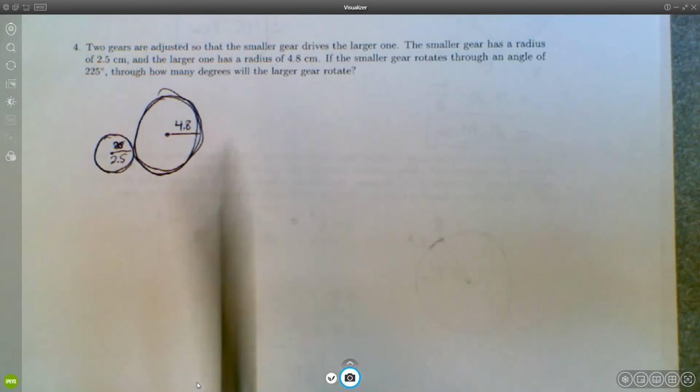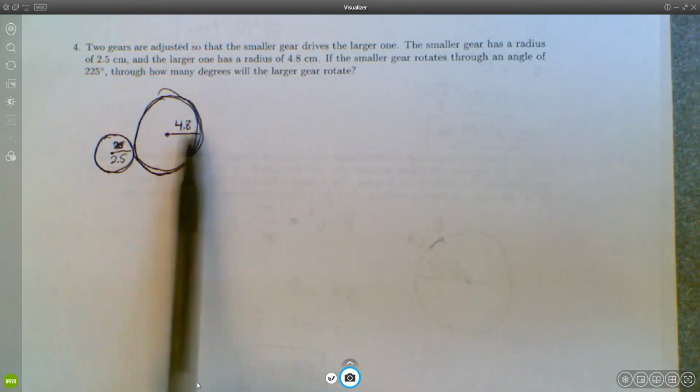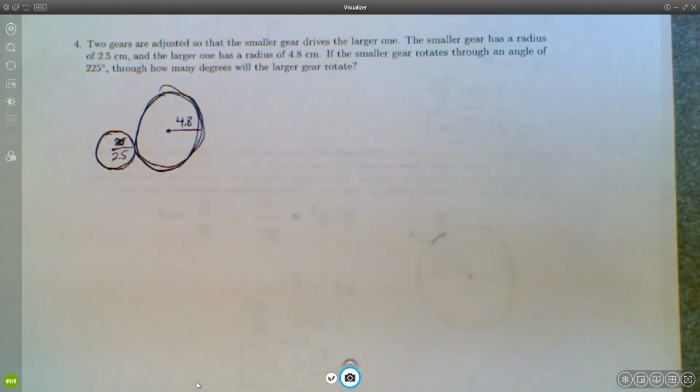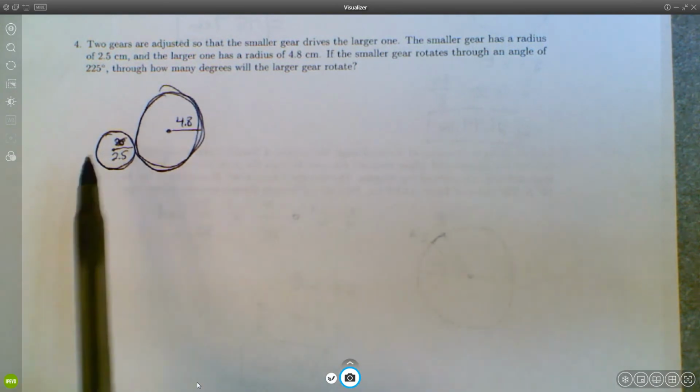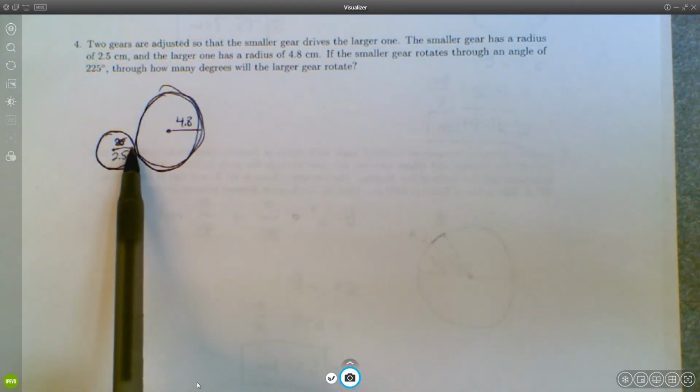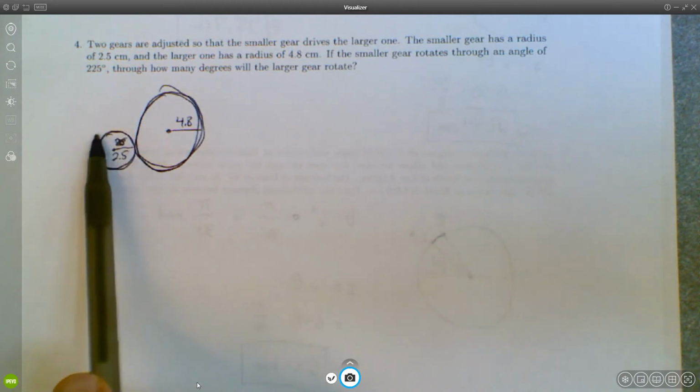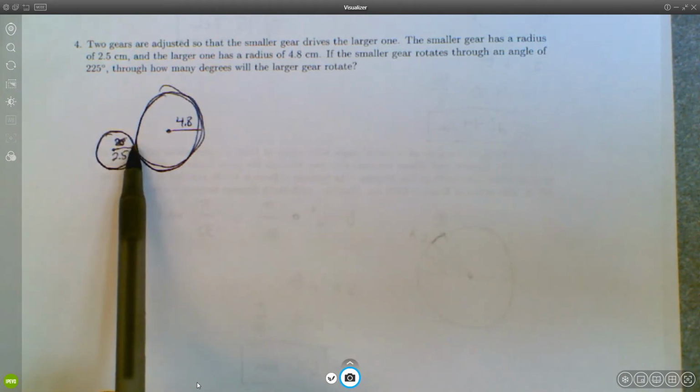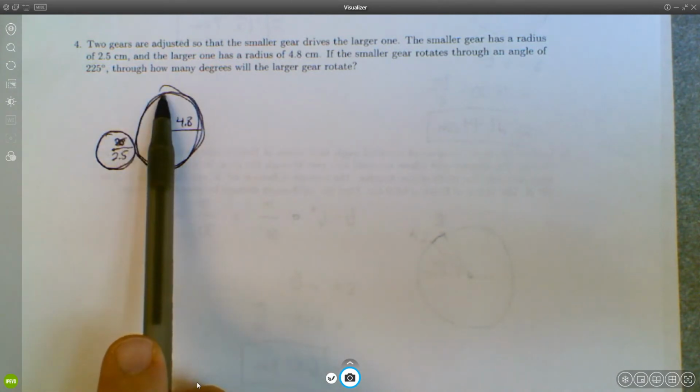And that's exactly the question we're asking, through how many degrees will the larger gear rotate? So in order to figure that out, first of all, we should find the arc length on the small circle. And once we find the arc length on the small circle, we know that that has to be the same as the arc length on the large circle.